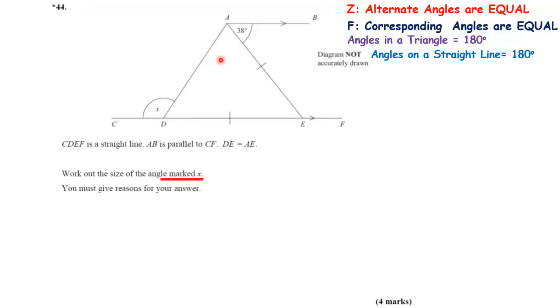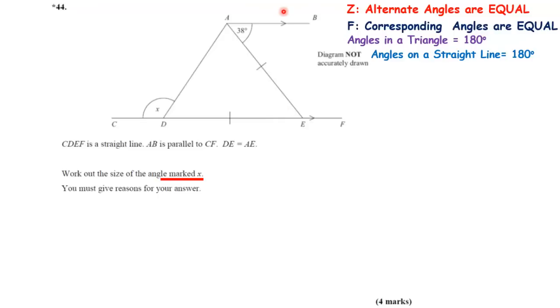These are the two equal sides, and the base angles are the ones at the bottom. So this angle and this angle, the angle at A and the angle at D, are both equal. So in order to work out X, I need to find the two base angles, which means I need to know the other angle, this one here, which I could find out.